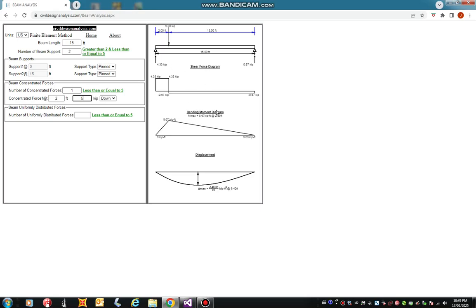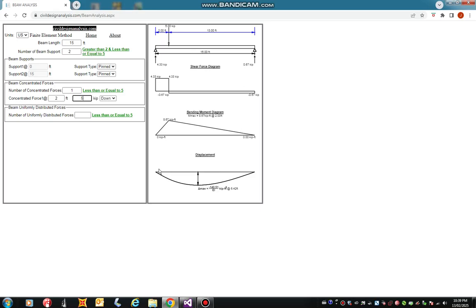On the bending moment, you can see the maximum bending moment is 8.67 kips feet at 2 feet, which makes sense, as it is at the point where the load is located. Theoretically, for this kind of loading, you have 2 times 13 divided by 15, which would be 8.67.